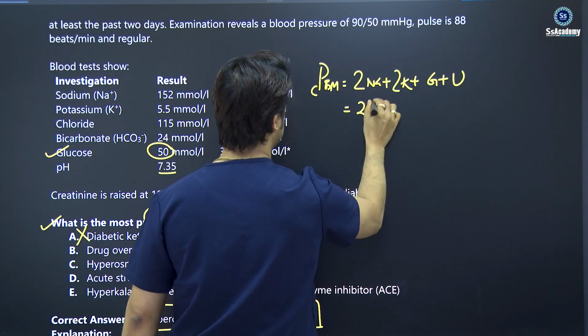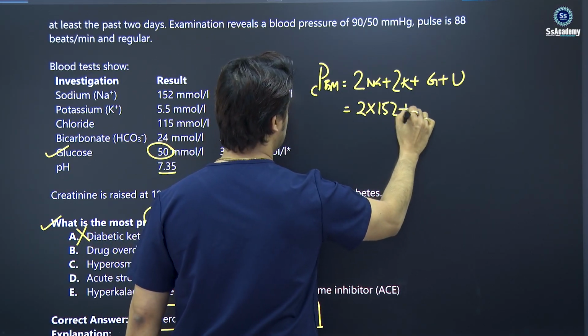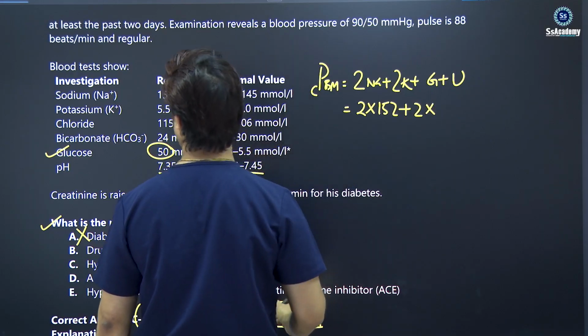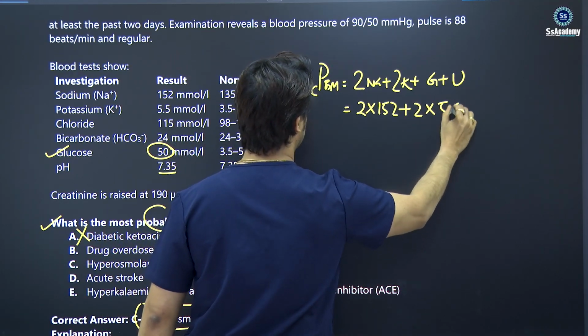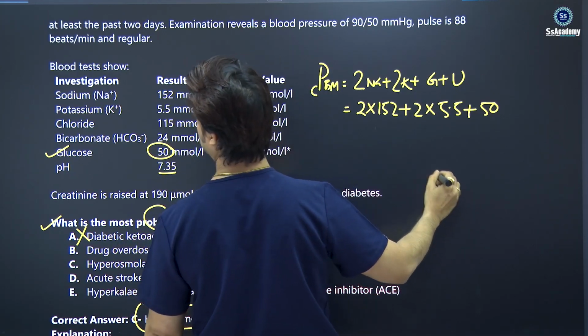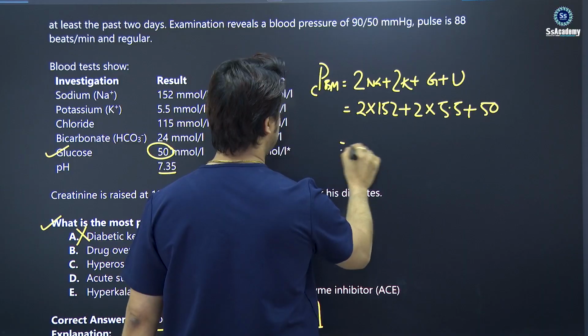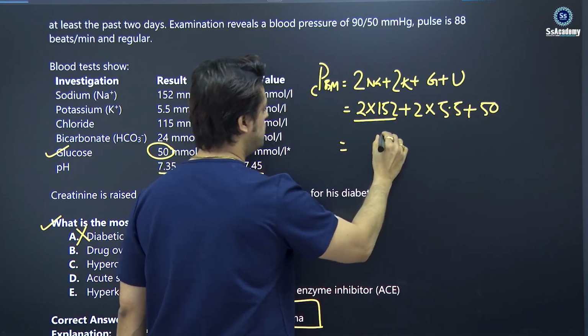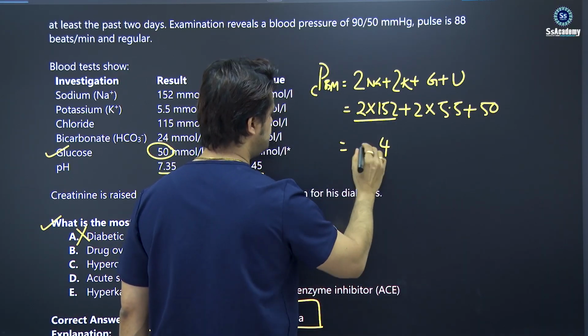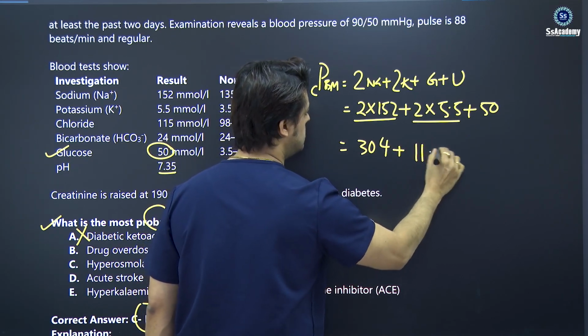So 2 sodium is 152, plus 2 potassium is 5.5, and glucose itself is 50, and the urea level is not given. All right, no problem, but you can calculate. So this is nothing but 4, and this is 30, and this is again 11 plus 50.